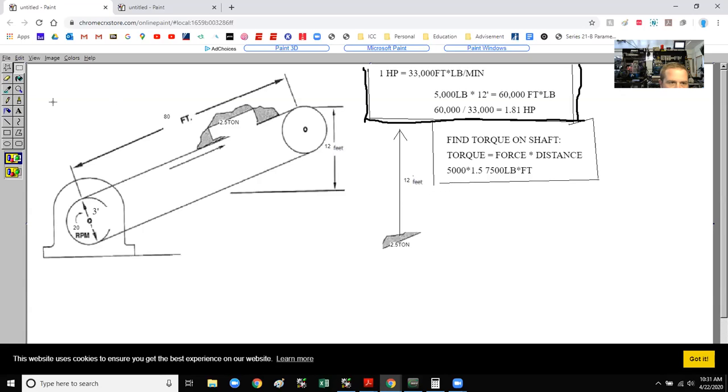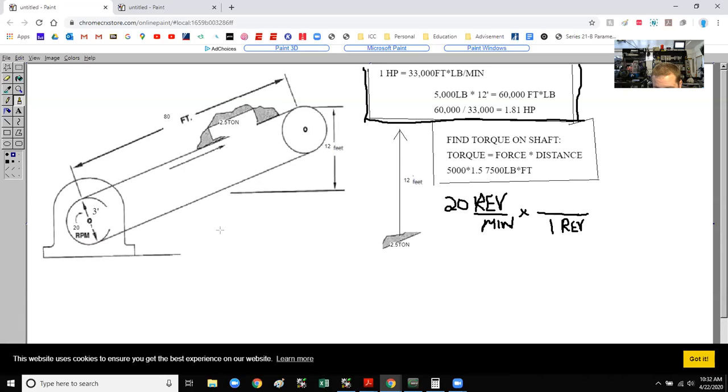I have to go ugly here so I can keep my units together. So 20 revolutions per minute, and in one revolution, how much distance are we traveling with the belt? Whatever the circumference of the pulley is.